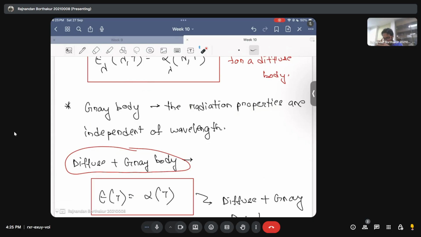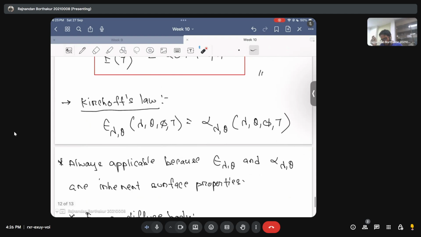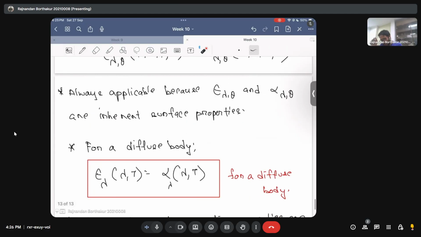Okay, and that's how we can calculate the emissive power of a real surface. And after that we defined something today, which is known as Kirchhoff's law, whose most general definition without any assumption is that the spectral directional emissivity is equal to the spectral directional absorptivity. Then we saw that for a diffuse body, where the properties are not dependent on direction, the spectral emissivity is equal to the spectral absorptivity.